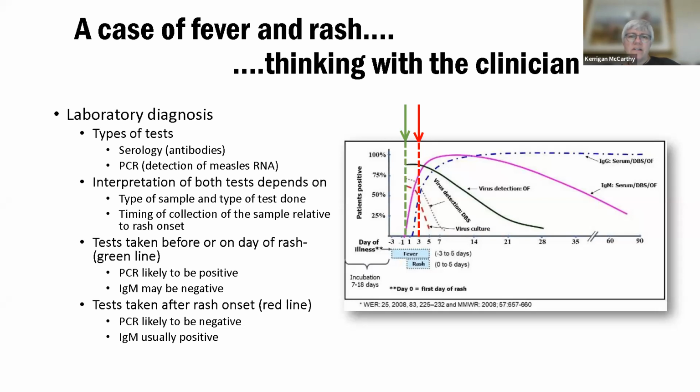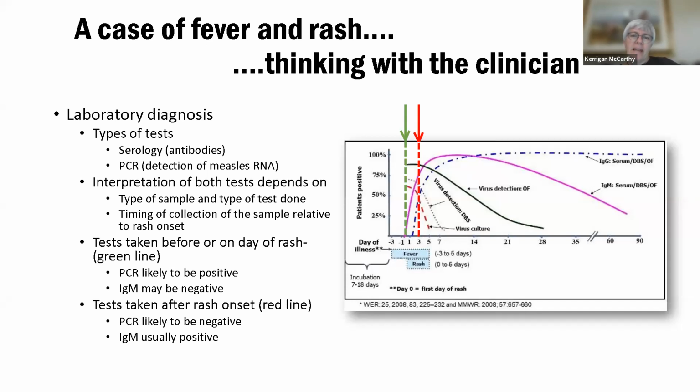But at that point, a lower proportion of patients will be positive by PCR on blood, and this graph is not particularly accurate, the virus detection in the oropharyngeal swab falls off very rapidly after the onset of the rash, but is slower to fall off, or in other words, to become lower than blood.